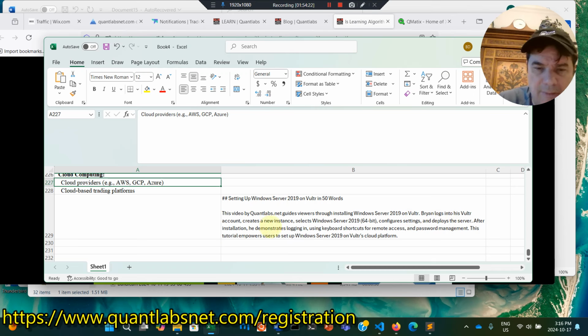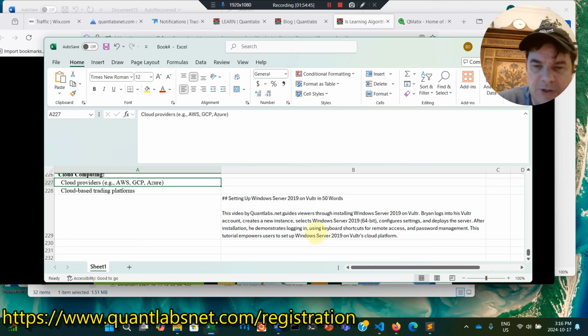So I log into my account, create a new instance, and select Windows Server 2019. There are other more up-to-date versions, but as you use the newer editions, they get more complicated to add security. So you go over configure settings and how to deploy the server.